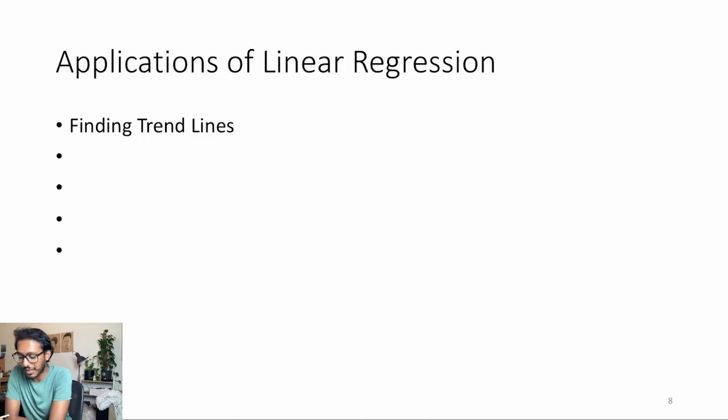And now let's look at some applications of linear regression. We already sort of talked about finding trend lines of data, and I guess we can now add another one, which is, sorry, I'm trying to write here, classifying things. As a classifier, we'll say.